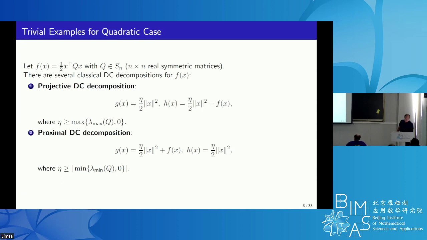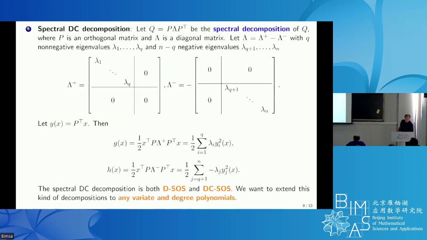But here, sum square, that is another famous decomposition we call the spectral DC decomposition. That's based on the spectral decomposition of a matrix Q, a symmetric n times n real matrix.